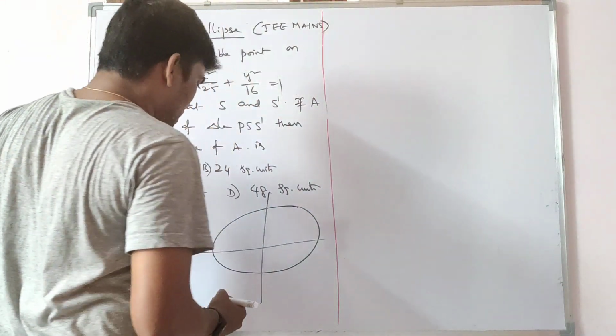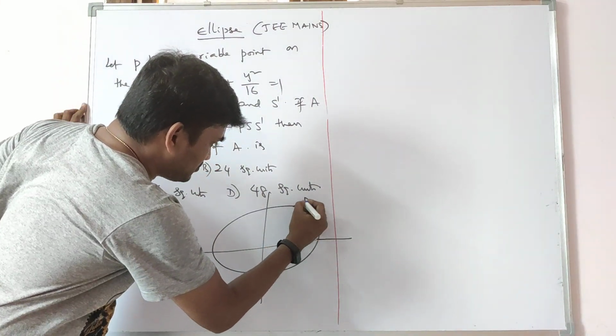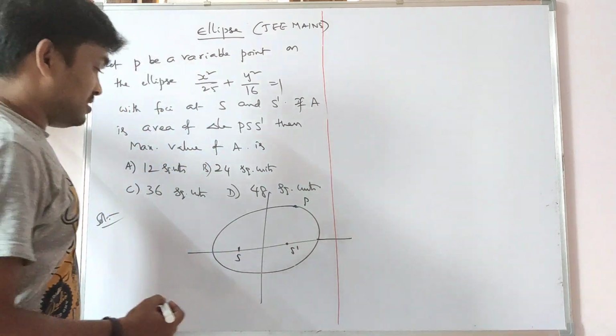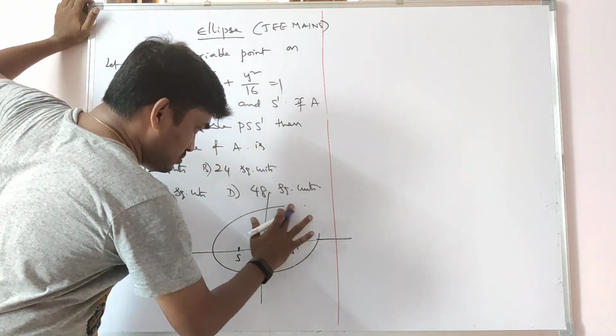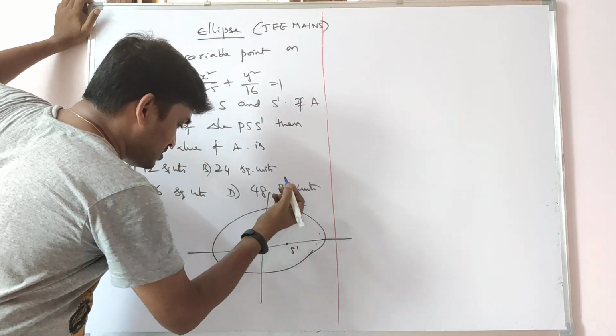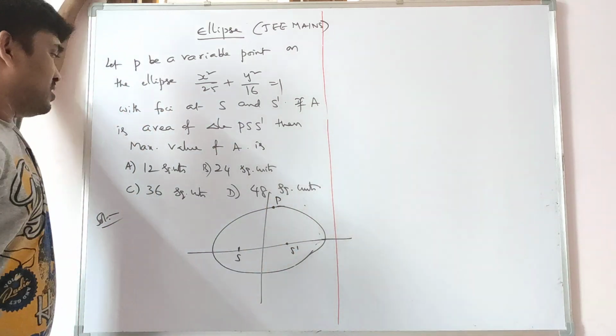What is given? P is the variable point. Suppose this is S dash, S is there. Choose P anywhere, here or here.